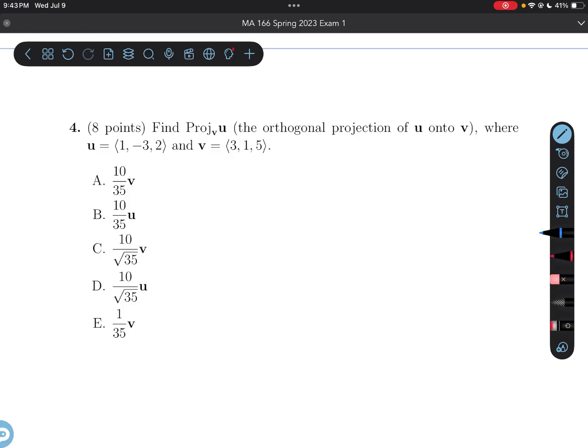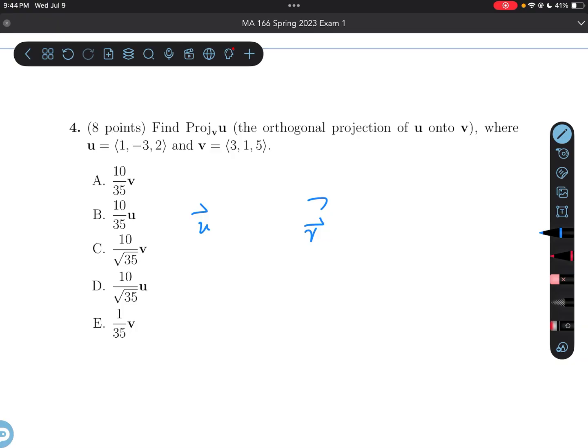First, let's understand what they mean by orthogonal projection. Suppose I have my two vectors, u and v. Orthogonal means perpendicular.